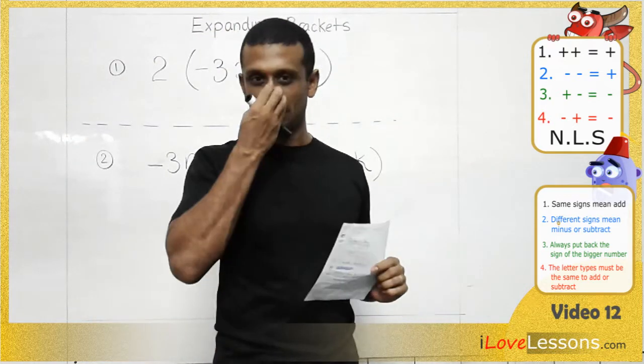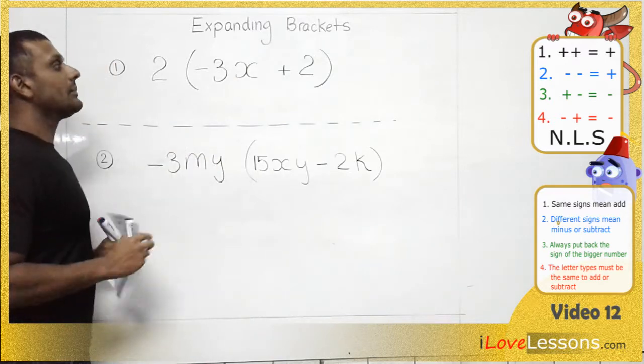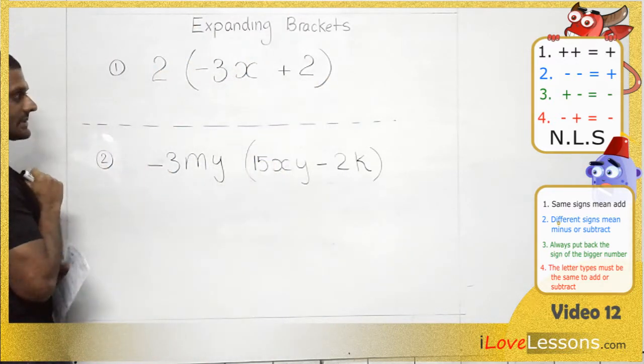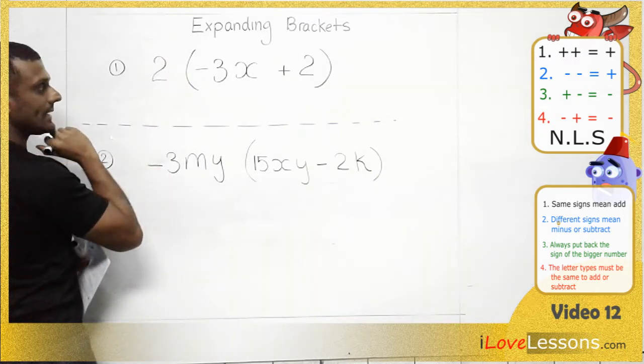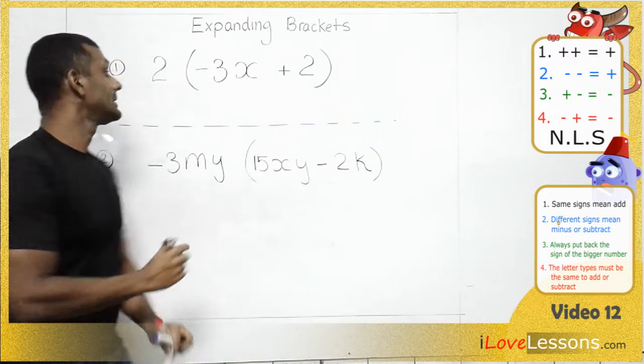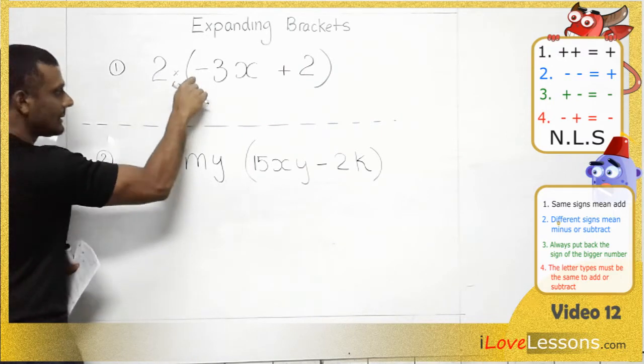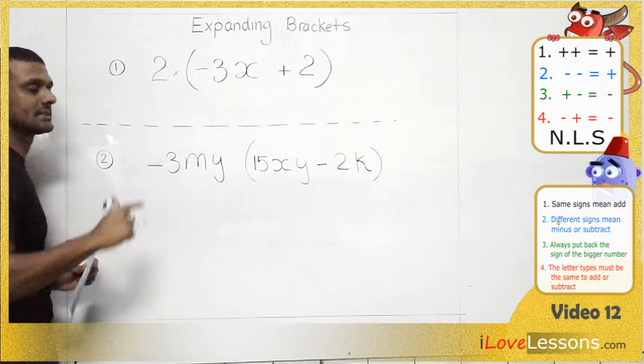So let's get started. One thing to remember about brackets: whenever you have a pair of brackets and there's an item outside, it's important to note that there's a secret multiply between the item and the brackets.